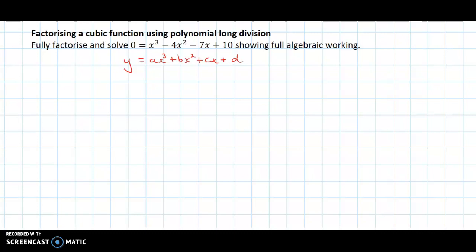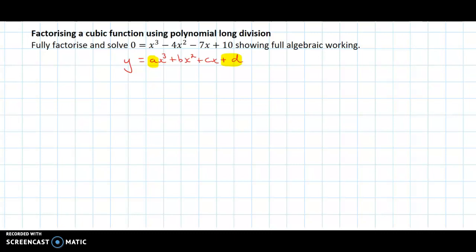So we can see that this cubic function is in the form ax cubed plus bx squared plus cx plus d. And in an earlier video, I showed you how it's important to locate the coefficient of the x cubed, a, and then the constant d at the end here. They're our trick to factorising this cubic.